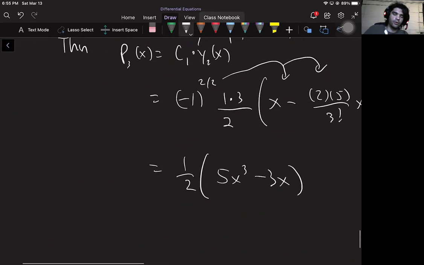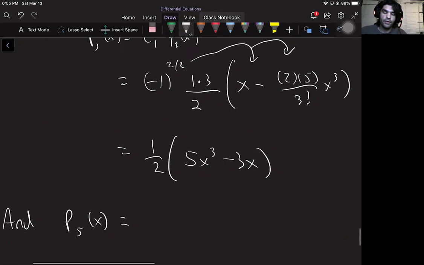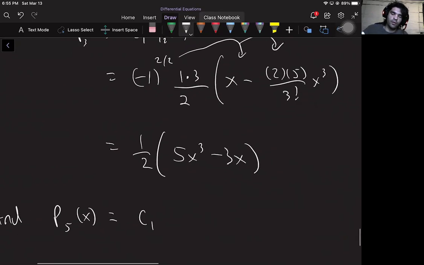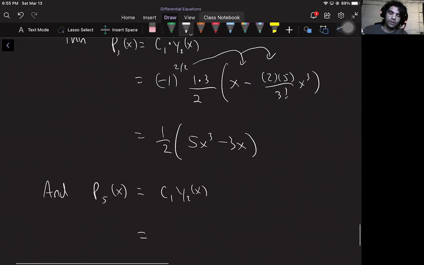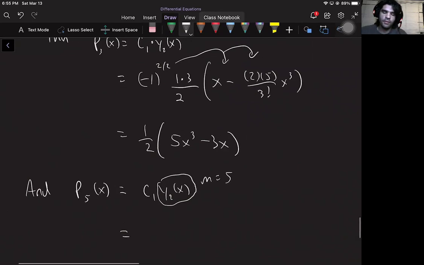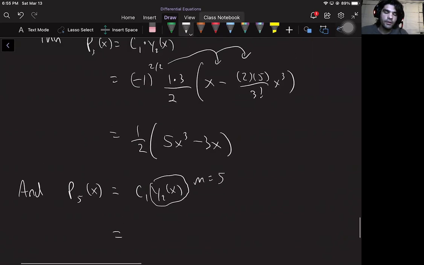So I'll do one more for you. P5 of x, so that's going to be the one that solves the case for m equals 5. Again, same formula. So C1 is now going to be slightly different. And then again, this is for m equals 5, the polynomial for m equals 5 that we got earlier.